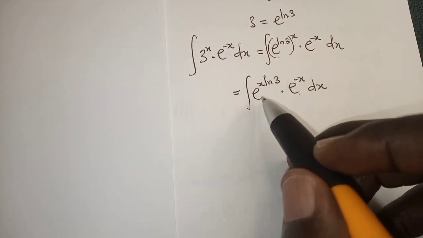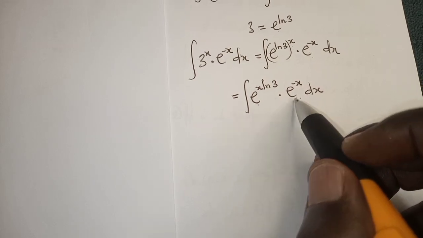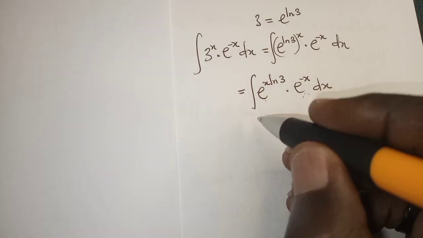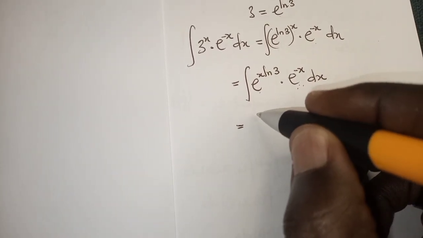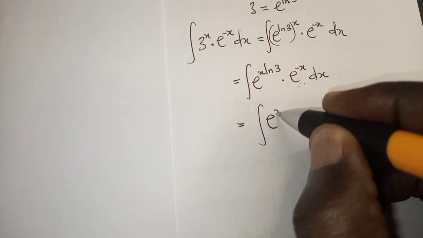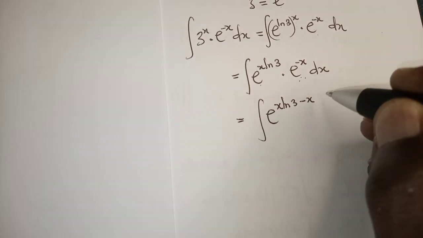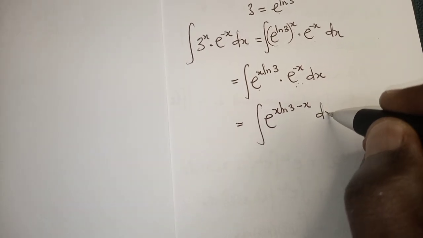So we can apply the indices rule. This implies that the integral of e exponent x ln 3 minus x dx.